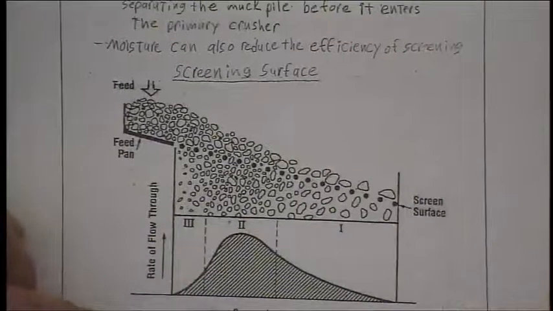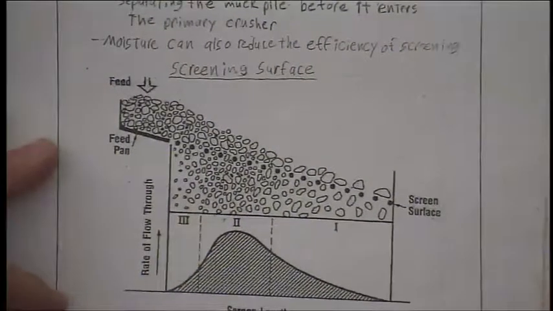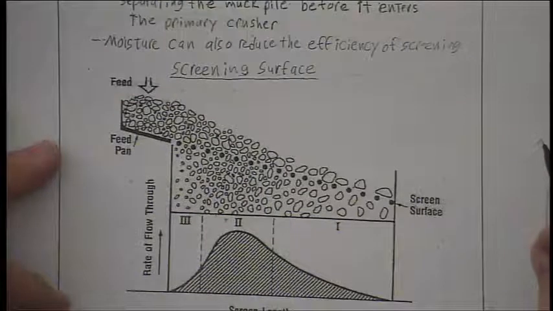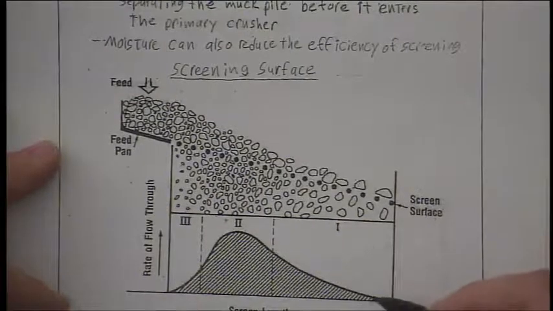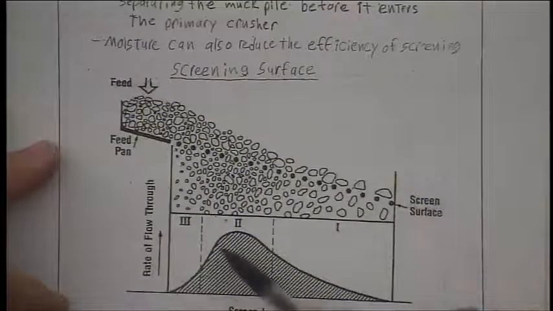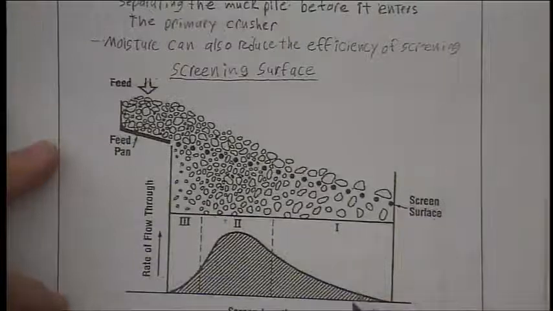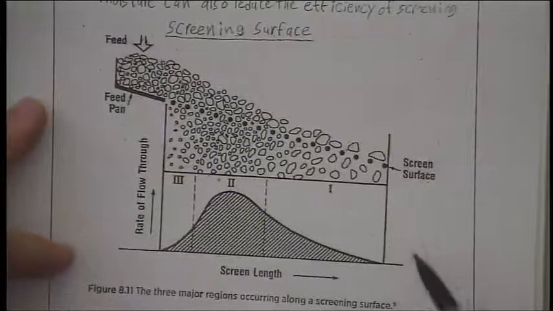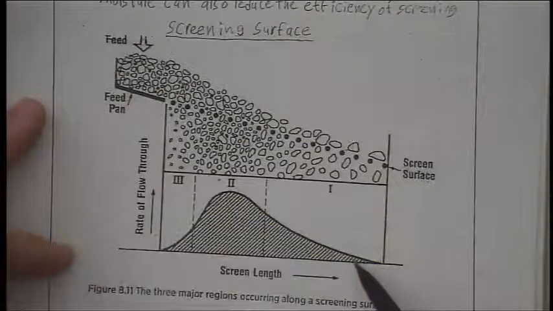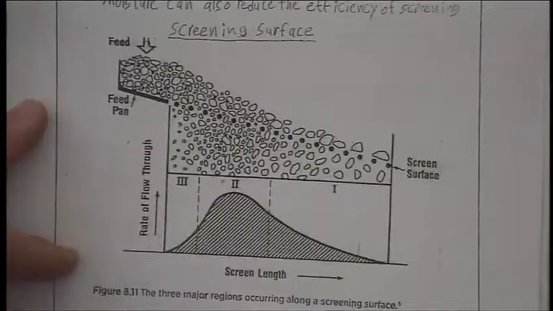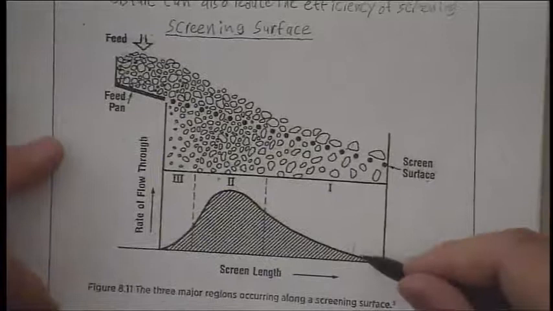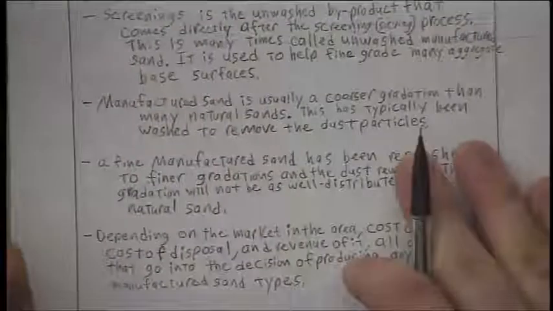So your screen length needs to be a certain size, or you're just never going to get there. If this is out of 100% or whatever, there comes a point where you're not really getting enough, so you may have to go back and recrush it, because you're just not getting optimal performance.